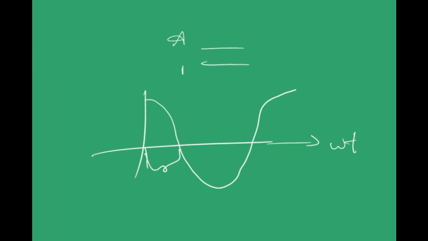Say plate A gets positive charges and plate B gets negative charges. So the capacitor was getting charged there, and hence some work needs to be done. And what happens for this part of the cycle? The current is negative, so the capacitor is getting discharged. Are you getting me? So the work absorbed here will be equal to the work given out here.